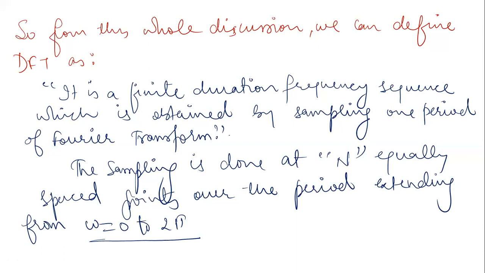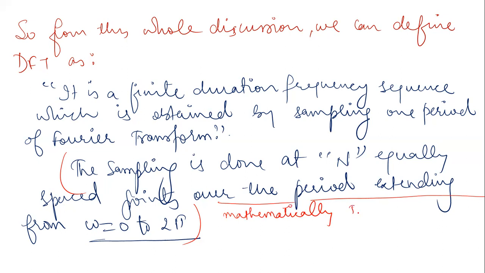Mathematically, DFT can be expressed as, because it is a sequenced signal, X[k].